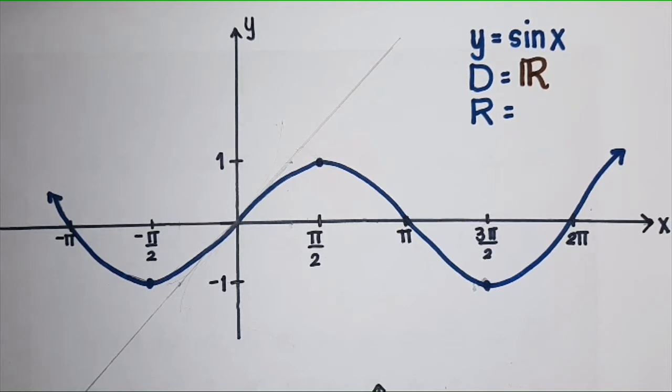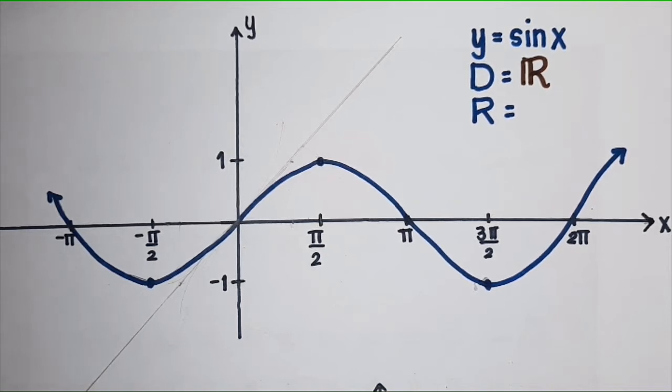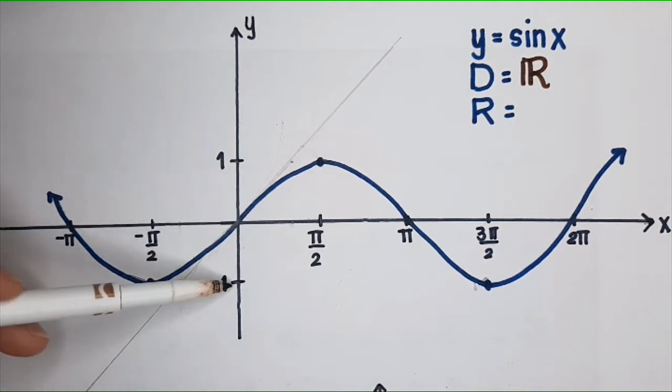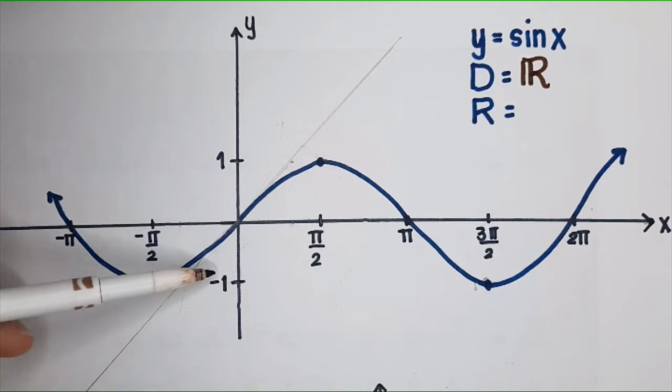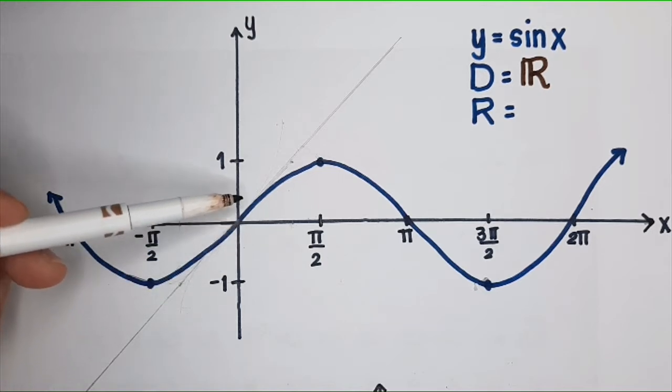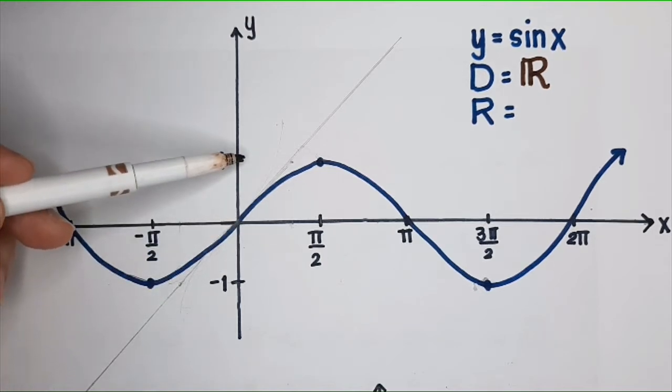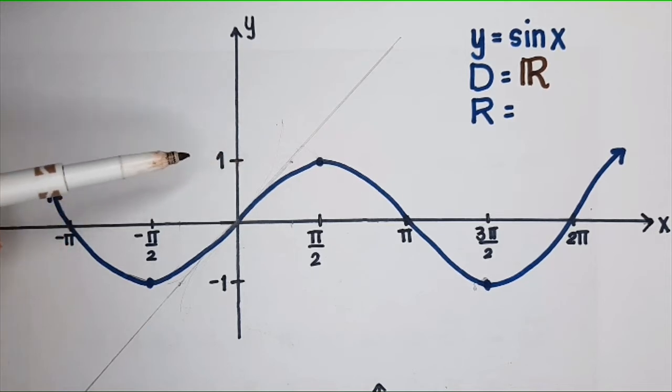The range, set of all values of y. So, anong napapansin nyo sa graph ng sine x? Ang meron lang values ng y ay from here, ba? Ayun o. Meron dito sa graph na to. All the way here. Kita nyo?